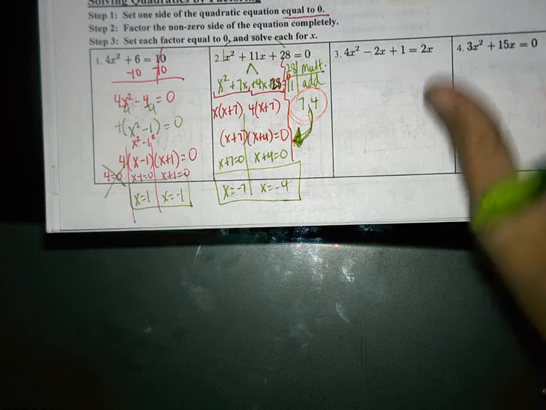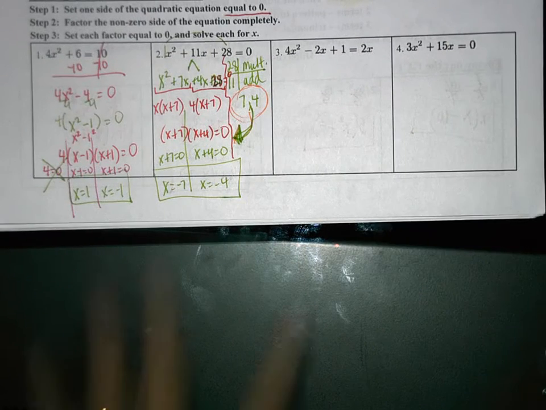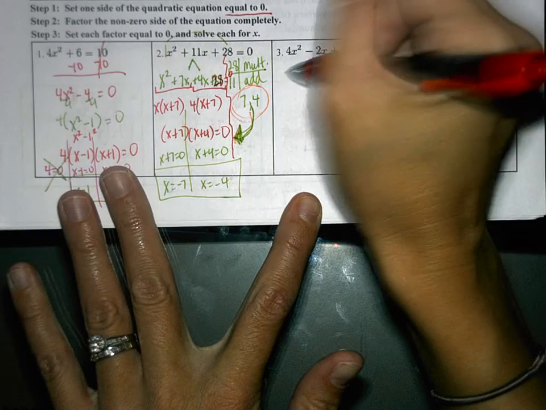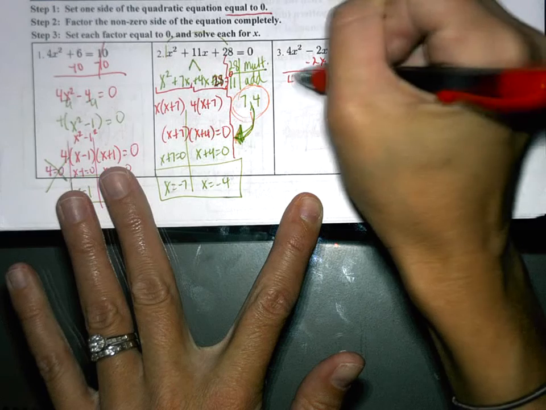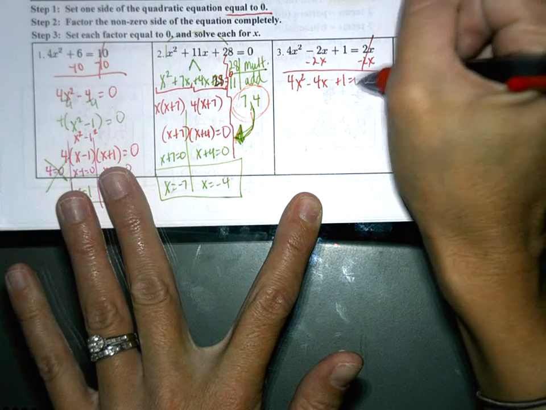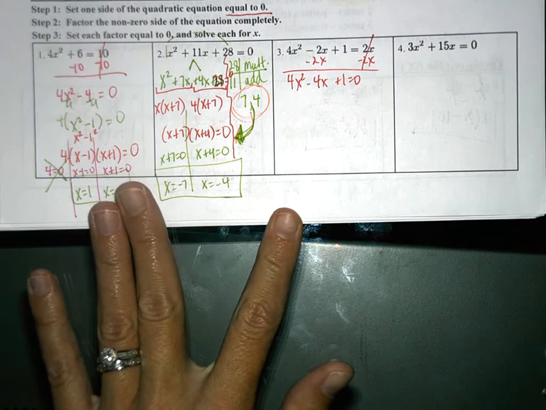All right, number 3, what do I need to do first? Very good, subtract 2x to both sides. We have 4x squared minus 4x plus 1 equals 0. Is there a GCF?